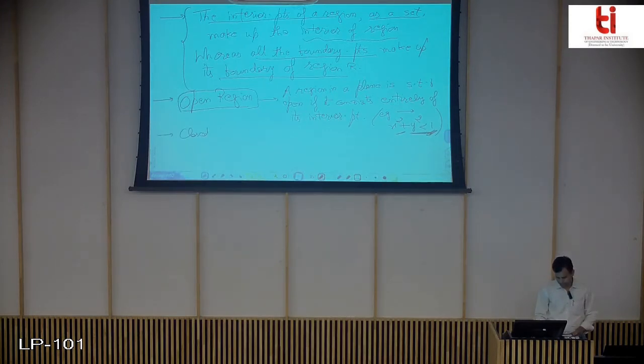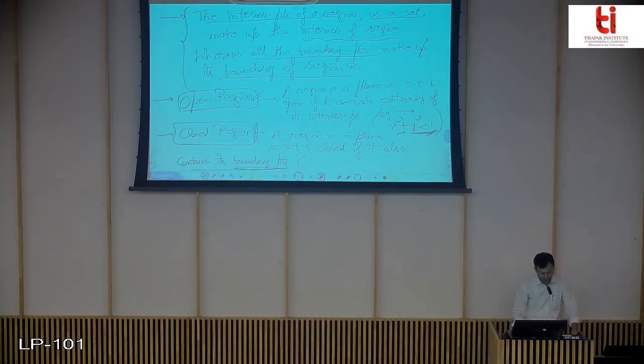Similarly, closed region. In closed region you have also the boundary points. So here we say a region in a plane is said to be closed if it also contains its boundary points. It contains interior points as usual, as in open region, but the only difference is that in closed region you will also have boundary points.